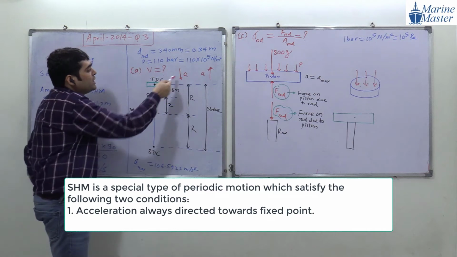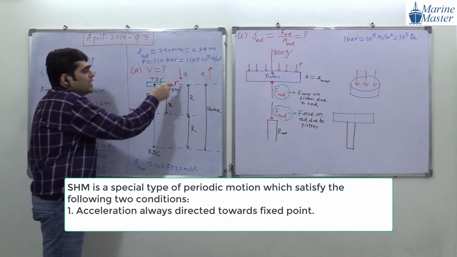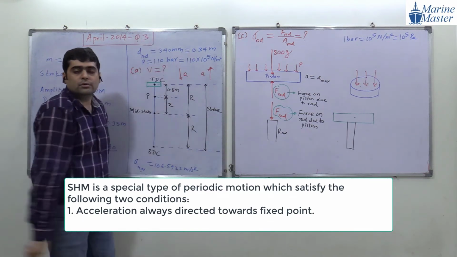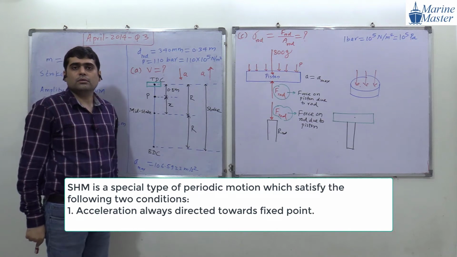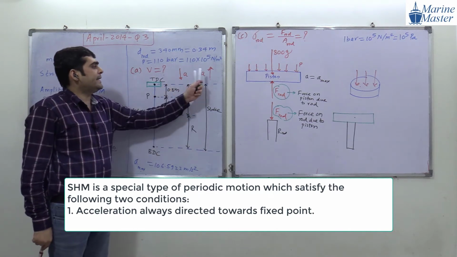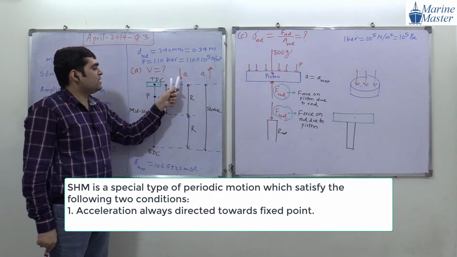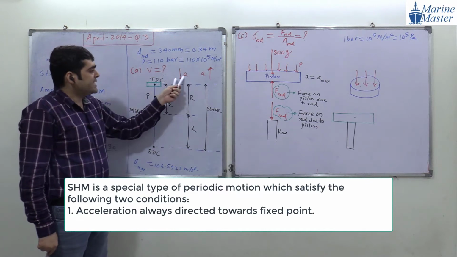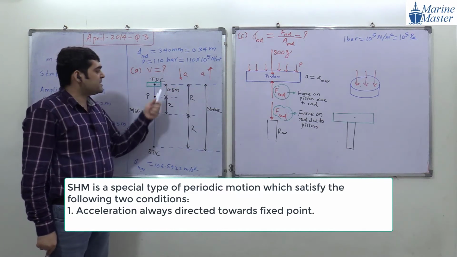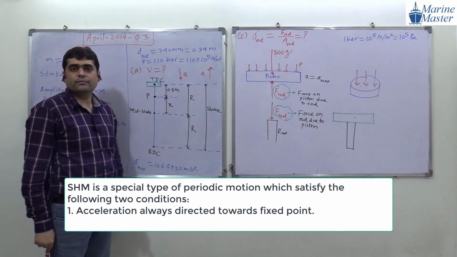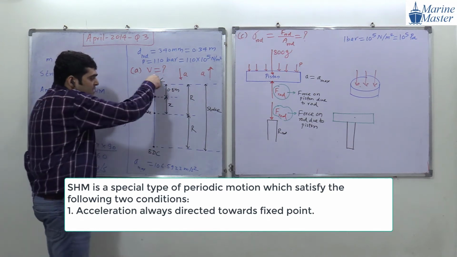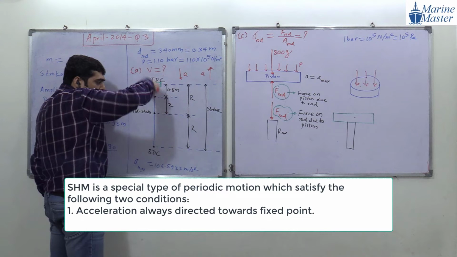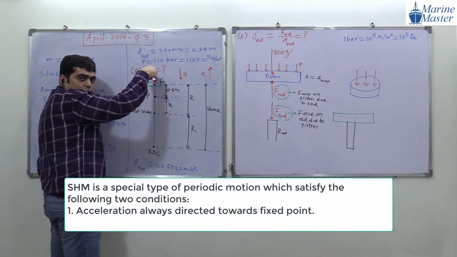So which arrow indicates directed towards the fixed point, this downward arrow or upward arrow? This downward arrow is towards the fixed point.